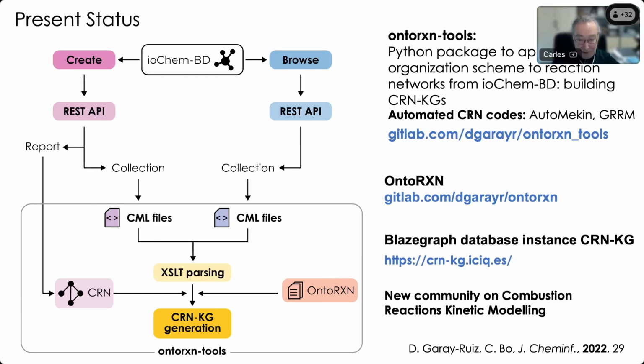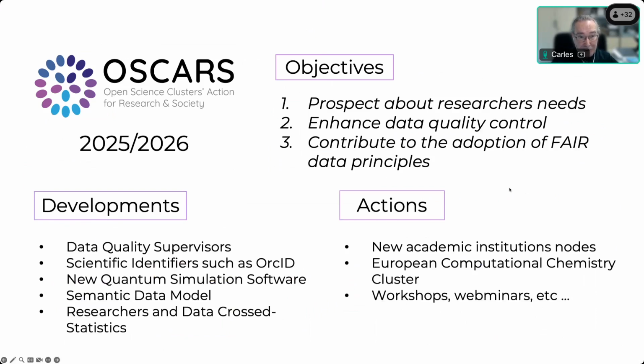And let me just finish letting you know that we got an OSCARS project. This is a project from the European Open Science Cloud that will support IoChem development for the next 2 years. We are planning some new software improvements in the platform, specifically to include semantic models in a wider way.